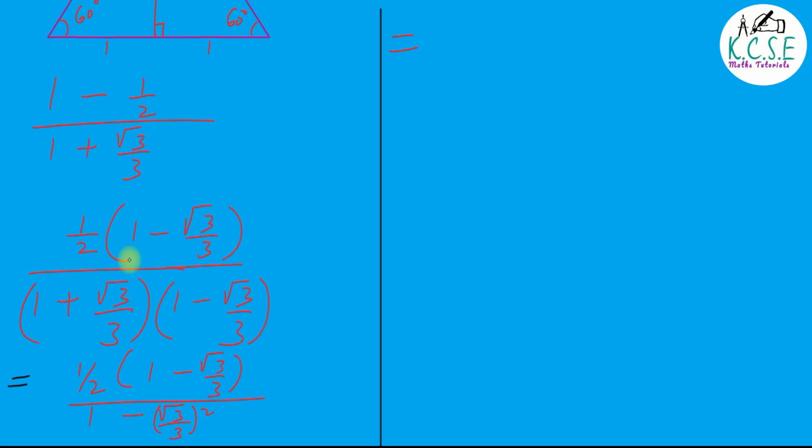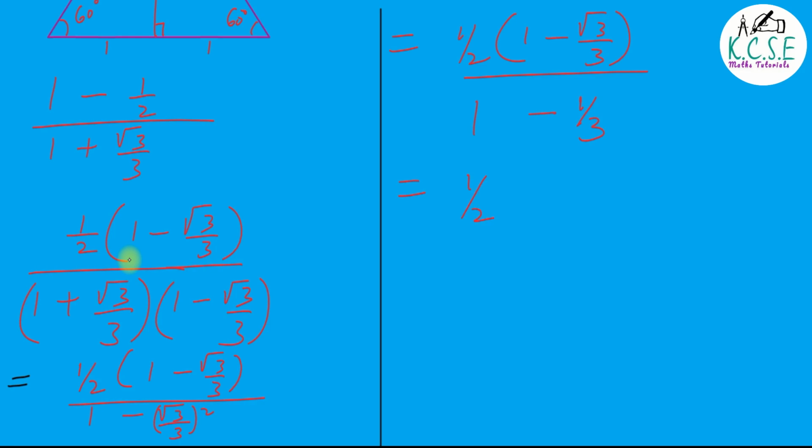So this gives a half, 1 minus root 3 over 3, everything divided by 1 minus root 3 squared over 3 squared. That gives a third, because root 3 squared is 3 over 9. So this one gives a third.